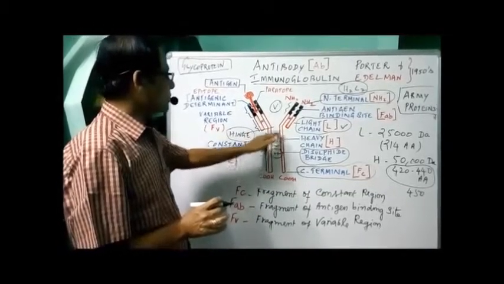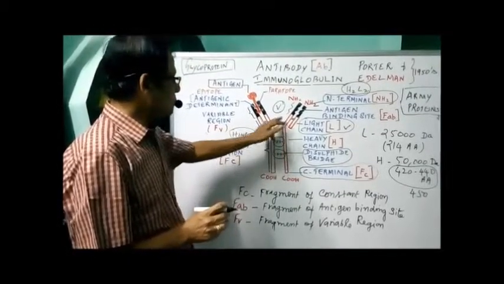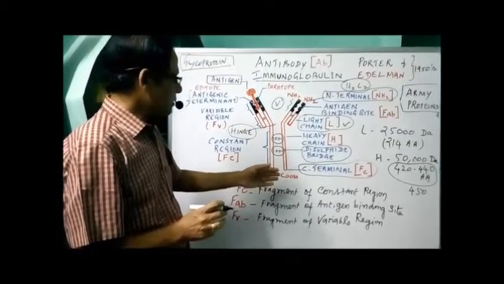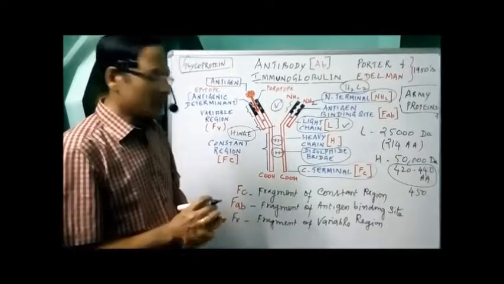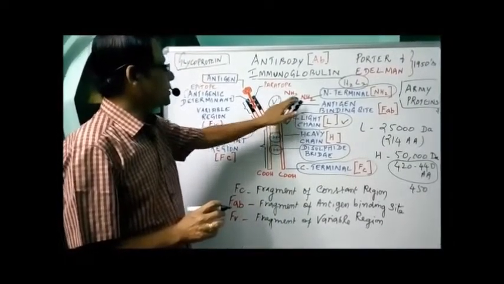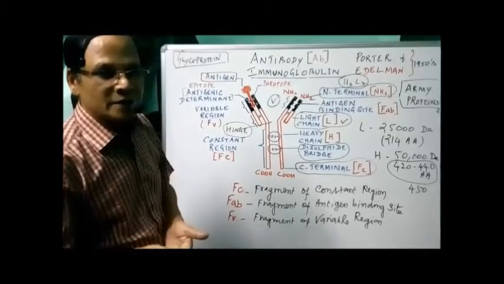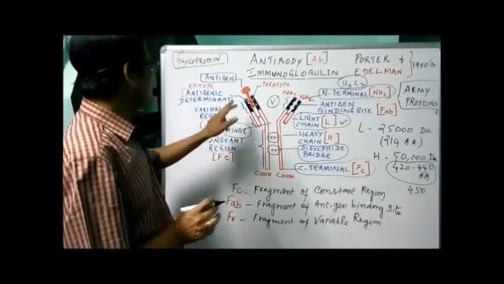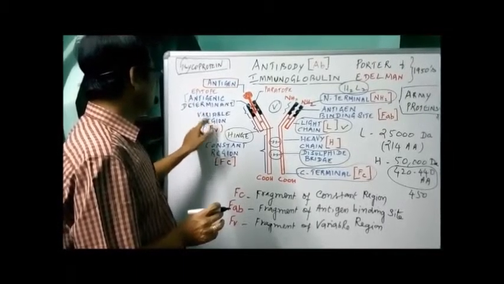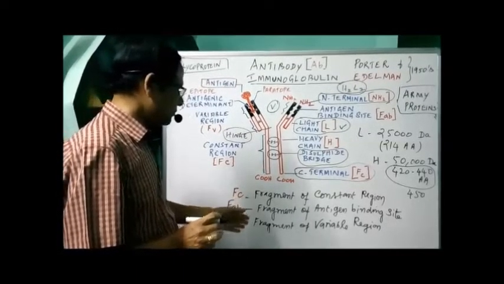Now another one, we have a constant region, a large constant region. You see that one starting from here up to this one. It is called FC, fragment of constant region. And this is called the FAB region, fragment of antigen binding site. Or we can say first the FV region, the variable region, fragment of variable region.